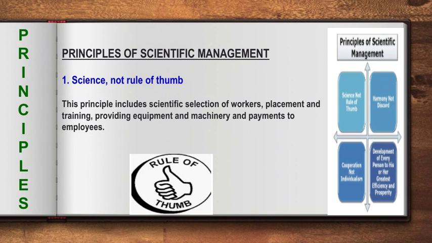The first one is science, not rule of thumb. The trial and error process was used to develop the concept of the rule of thumb. So they basically learned through their experience. This is what rule of thumb means.